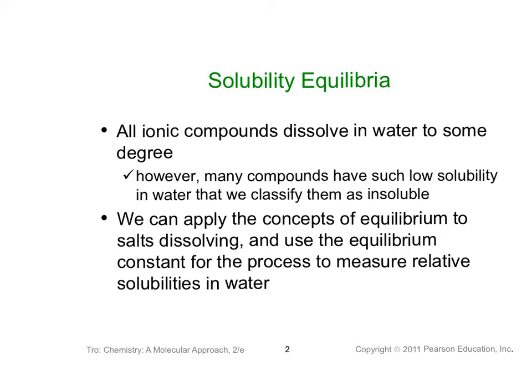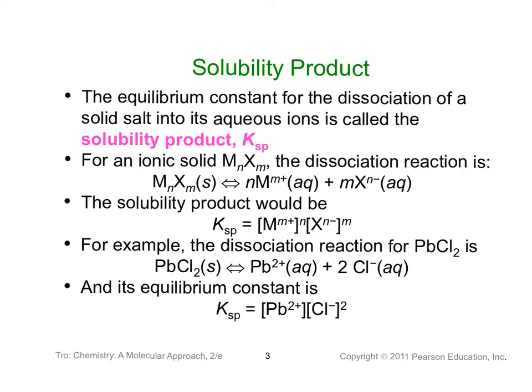So we can apply the equilibrium in the same way that we've applied it before, and we'll use the constant to measure how much is in there. So we use something called a Ksp, or a solubility product constant.